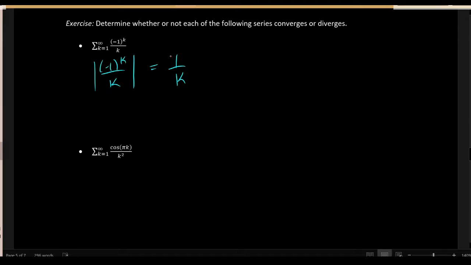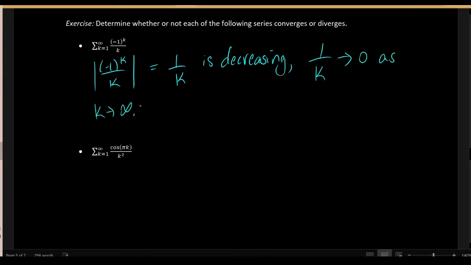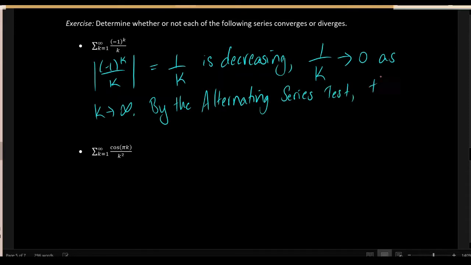So, note that this sequence of absolute values is decreasing. And not only that, if I look at the sequence of absolute values, that is approaching 0 as k goes to infinity. So by the alternating series test, this series must converge.